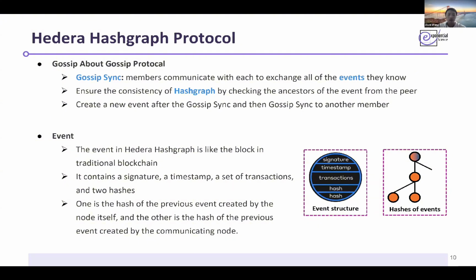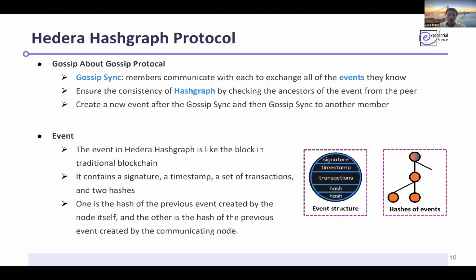It contains a signature of the creator node, a timestamp, a set of transactions, and 2 hashes. One is the hash of the previous event created by the node itself, and the other is the hash of the previous event created by the communicating node. During gossip sync, nodes trace back through the event hashes to check if they already have the ancestor events, ensuring consistency in the hashgraph.